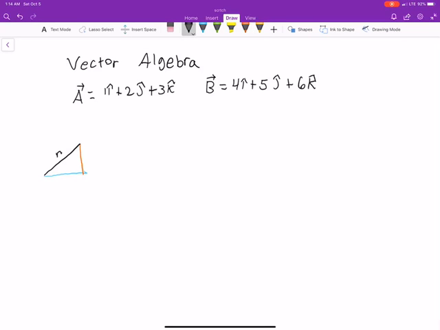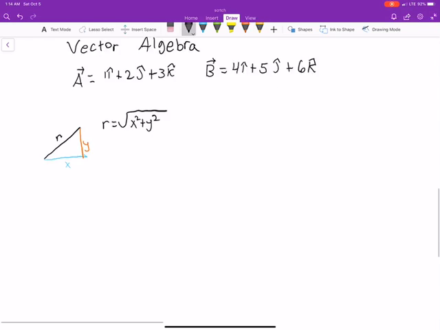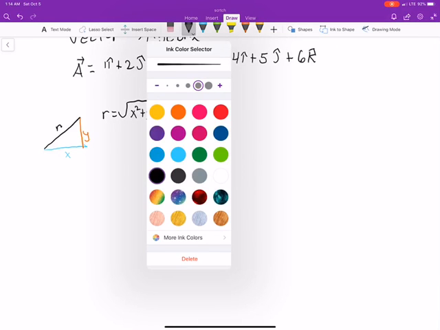If you wanted to find this length r, if we had x and we had y, r is just the square root of x squared plus y squared. Right, there's your magnitude.